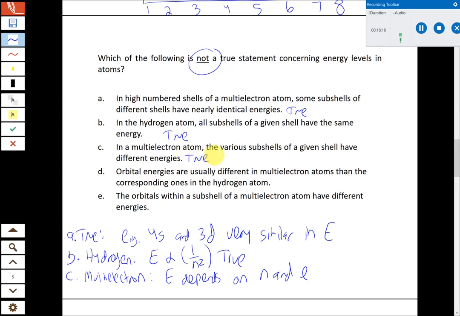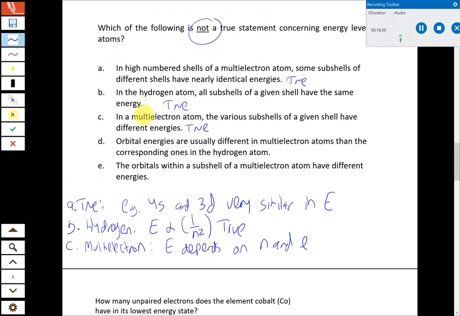Then choice D: orbital energies are usually different in multi-electron atoms than the corresponding ones in the hydrogen atom. This one is going to be true as well, because orbital energies depend on two different things: electron-proton attraction and electron-electron repulsion.